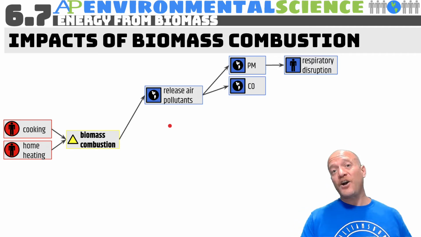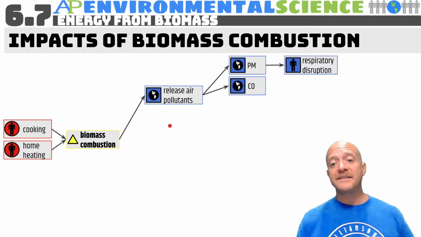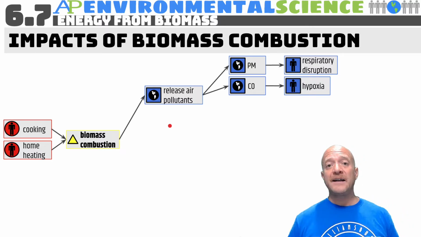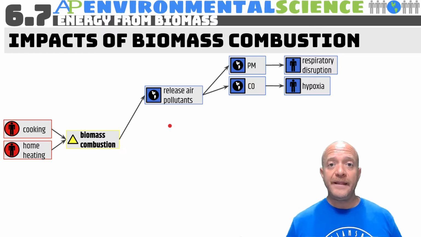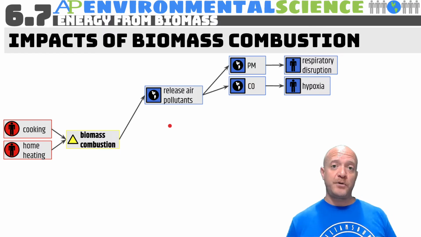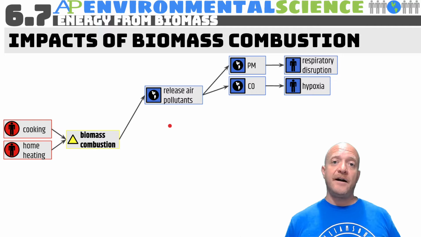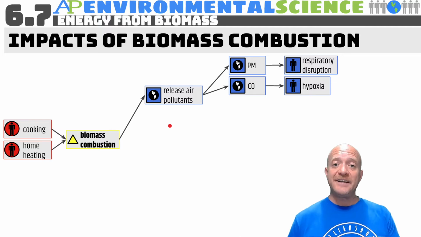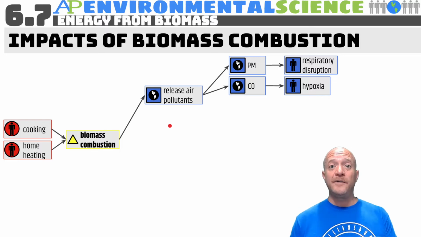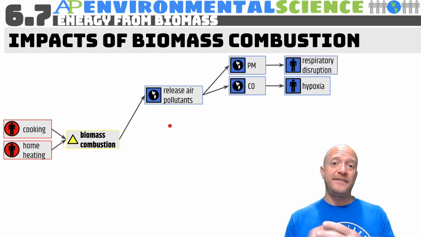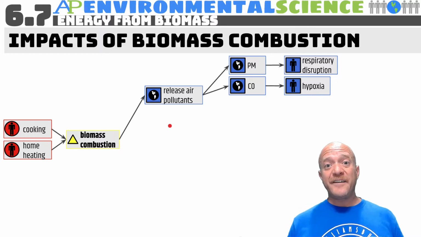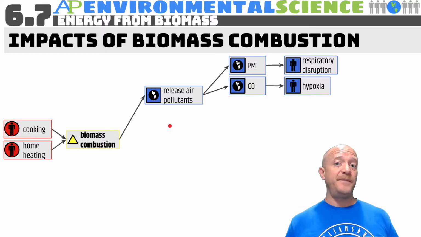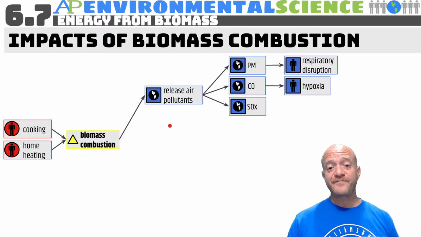You can also release carbon monoxide, and carbon monoxide can cause hypoxia because carbon monoxide binds to the hemoglobin in our blood, and hemoglobin is a protein that attaches oxygen and delivers oxygen to our cells. And if you are attaching the carbon monoxide to the hemoglobin, that means it's not available to attach to oxygen. So the carbon monoxide is basically suffocating us by preventing the oxygen from being delivered to our cells.